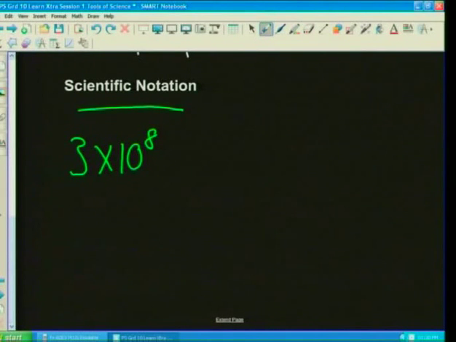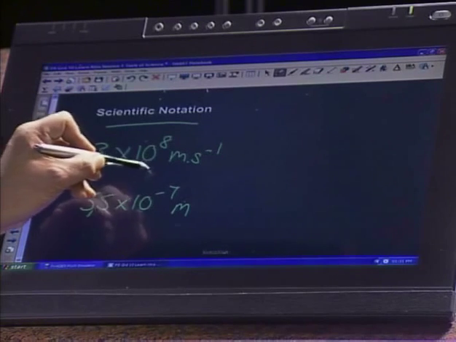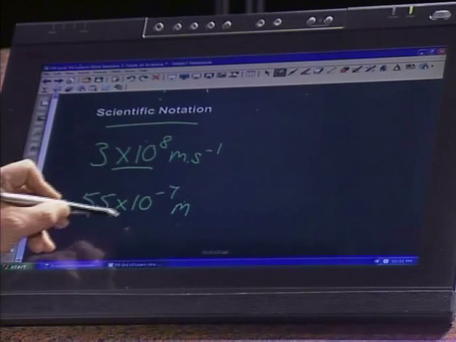Or we might deal with a wavelength of light of 550, 5,5 times 10 to the minus 7 meters. You don't want to be writing all the zeros.